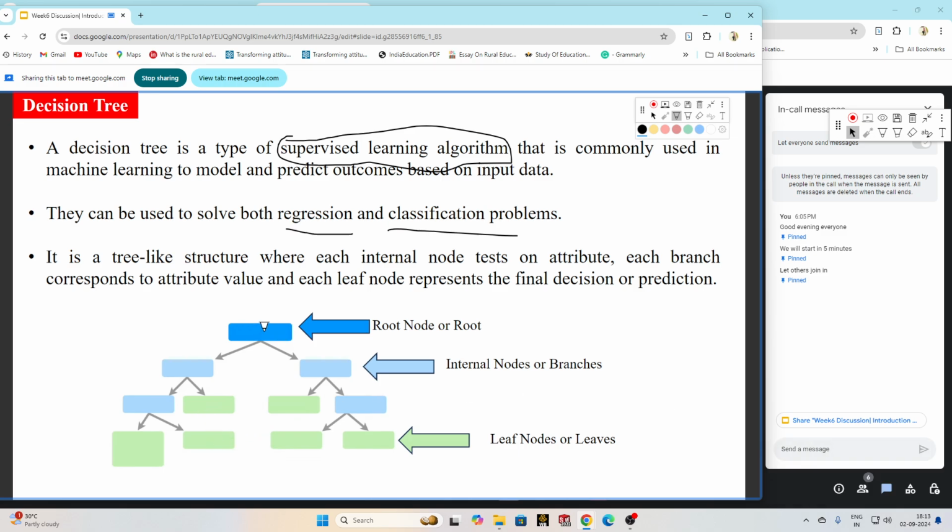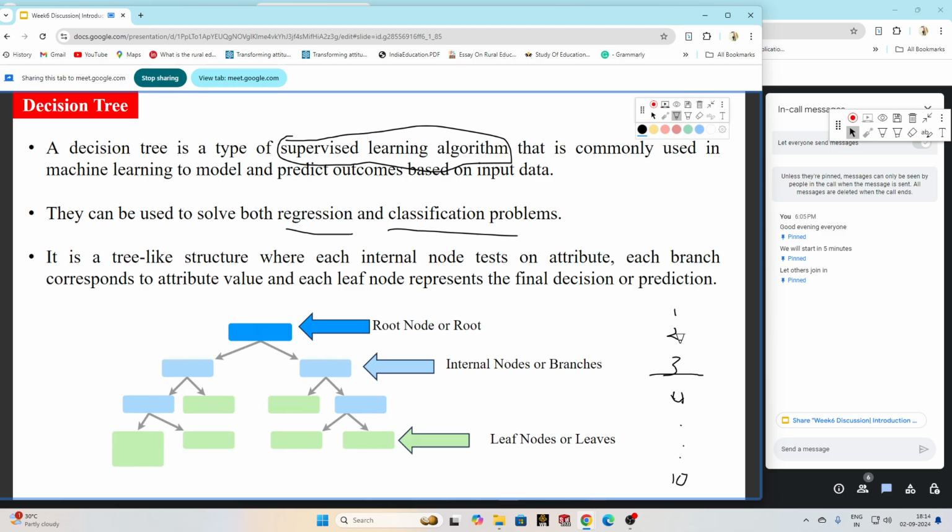How you can do classification, we will see later. For regression, there is a continuous data set, 1 2 3 4 and so on up to 10. What you can probably do is form 3 or 4 classes.